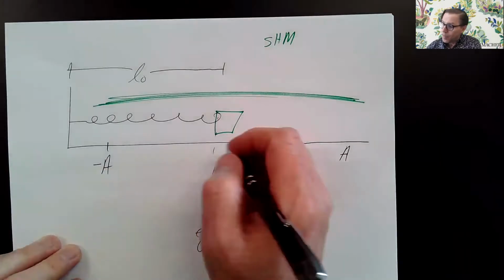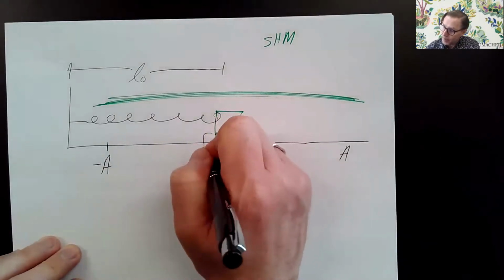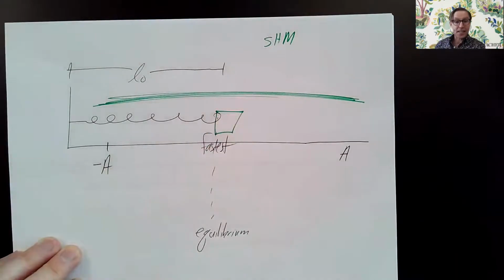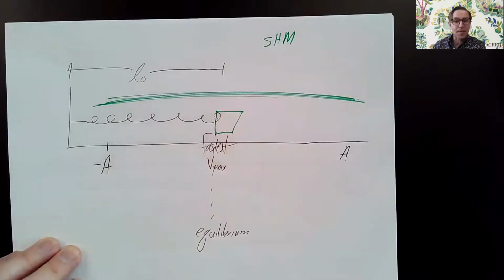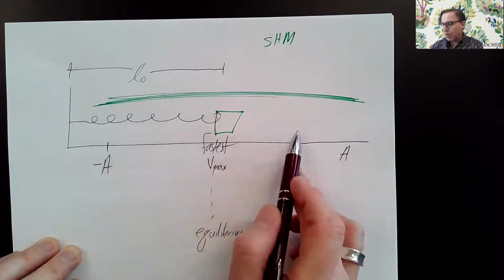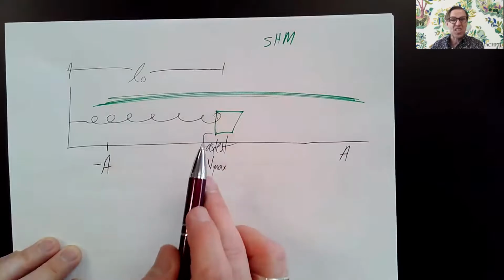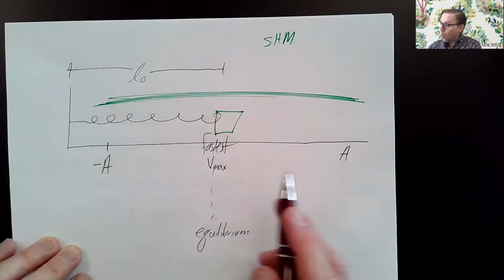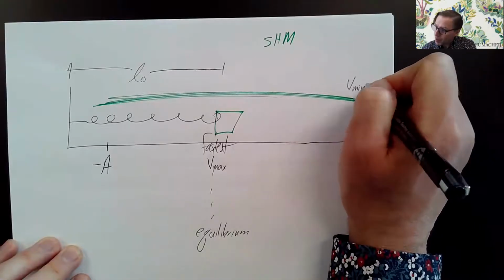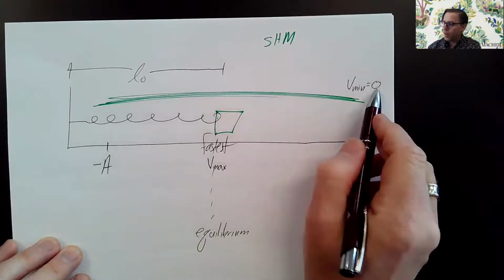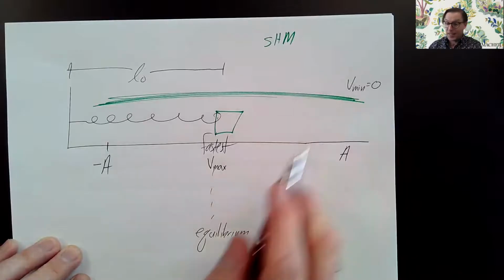And do you see that I'm going the fastest here in the middle? Fastest. I'm going to call that the max, the maximum speed. I might be going really fast to the right, I might be going really fast to the left, but those speeds are the same. What's my speed out here? I could call it V minimum, but of course I stop. So V minimum over here at the amplitude is 0.